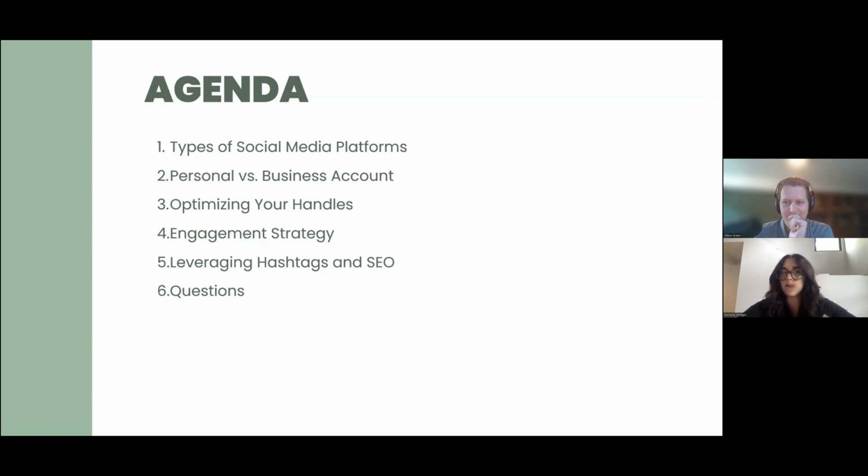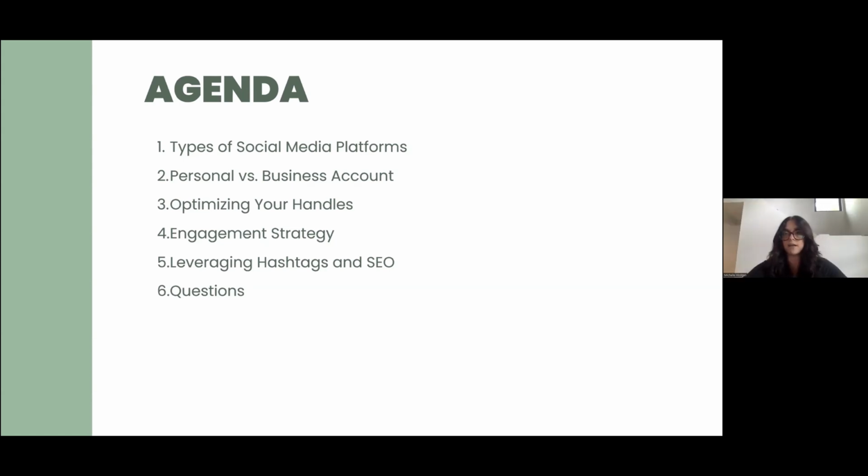So what we're going to cover is, first, types of social media platforms and different social media outlets, and we'll transition into how that plays into using your personal account versus creating a business account. And then from there, how to optimize your handles. Specifically, we'll talk about Instagram handles and what that means and how to make the most effective handle for your business or for your account.